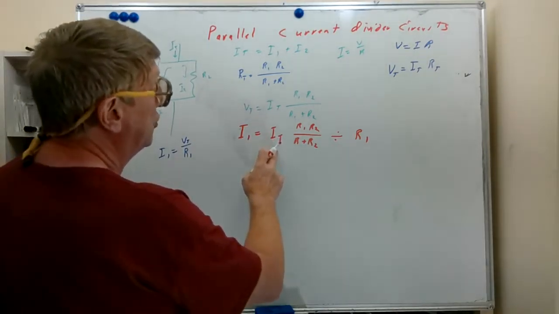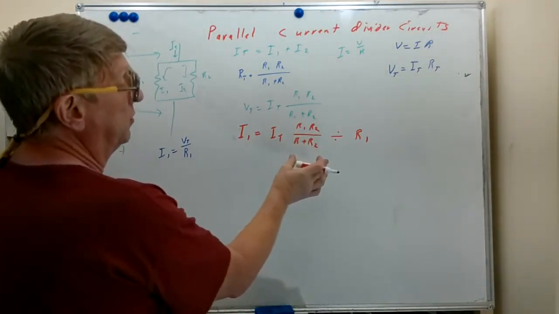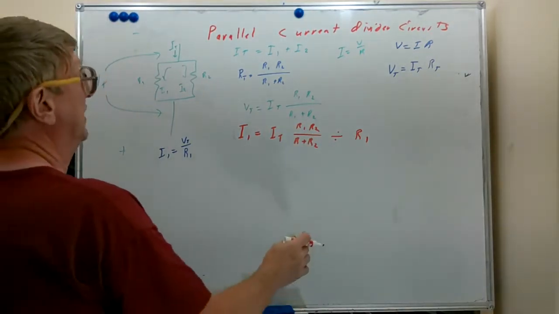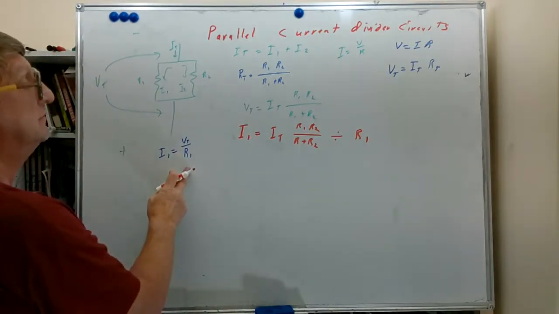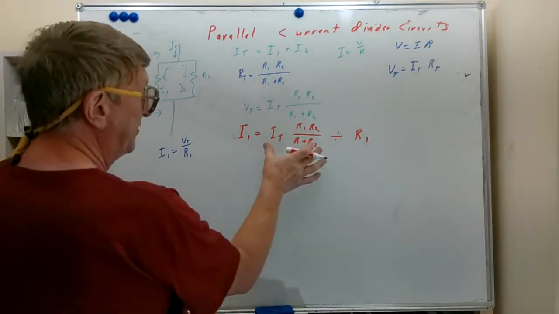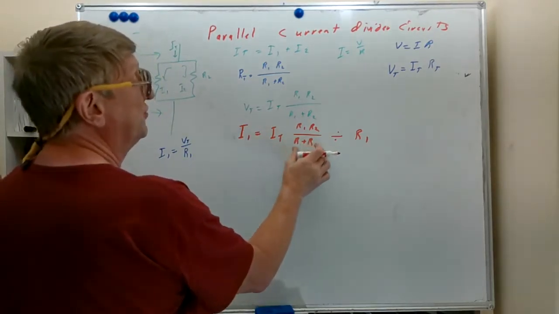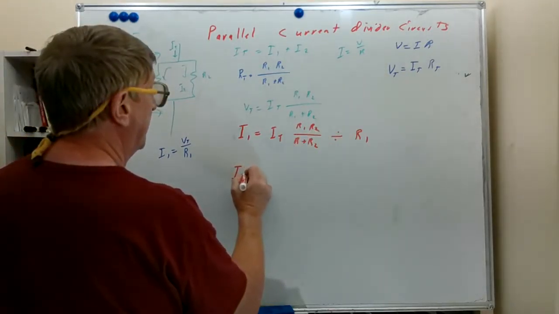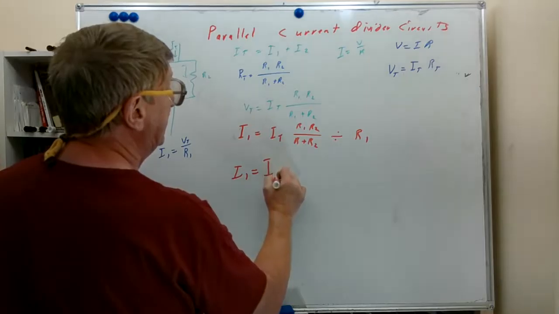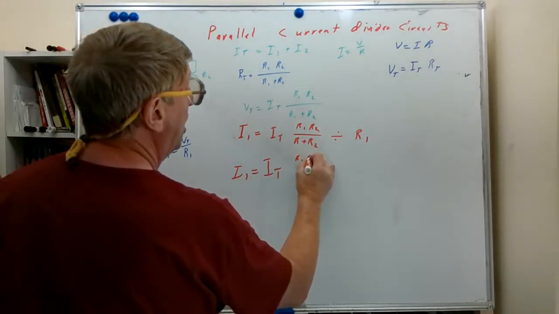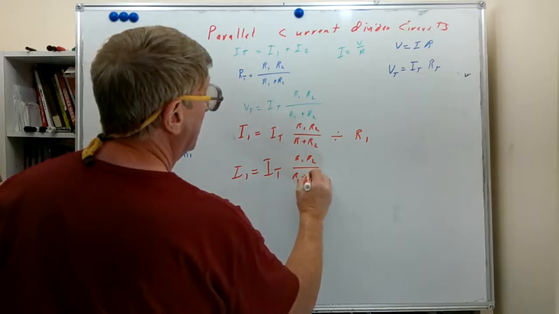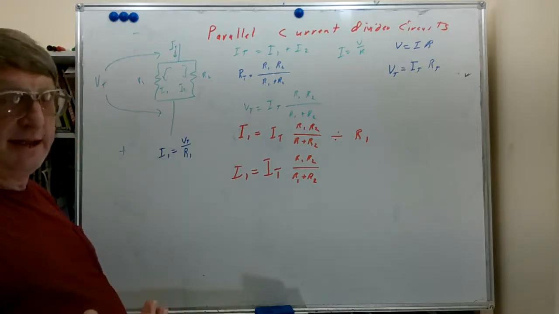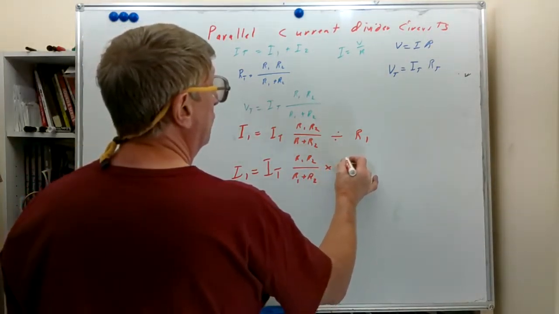I1 equals I total times R1 R2 over R1 plus R2, which was our parallel resistance formula for two parallel resistors, divided by R1. So it's basically current times resistance, voltage, divided by resistance. Well, we're going to invert this R1, so we're going to go down one more step. I1 equals It times R1 R2 over R1 plus R2, and we can divide by multiplying times the reciprocal. So that's going to be times 1 over R1.